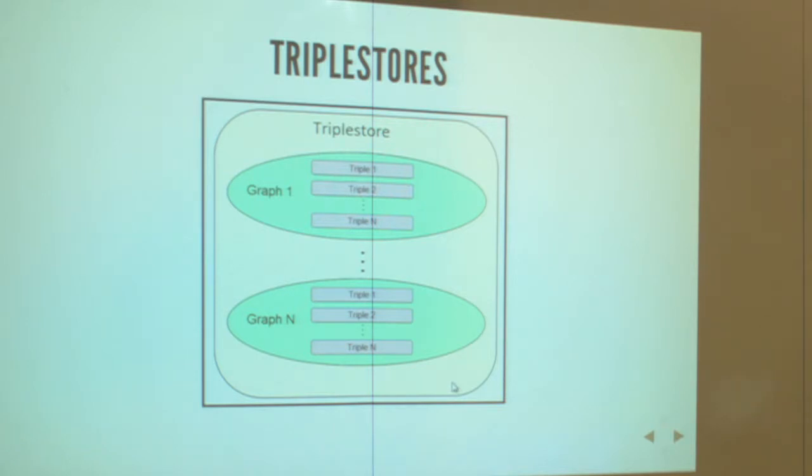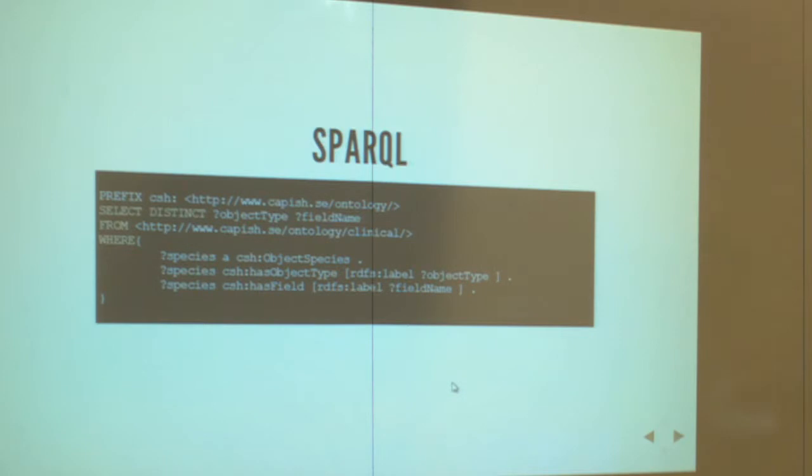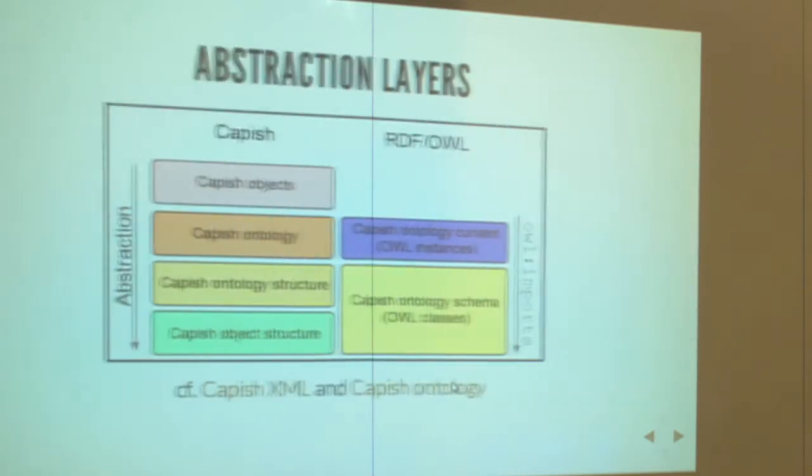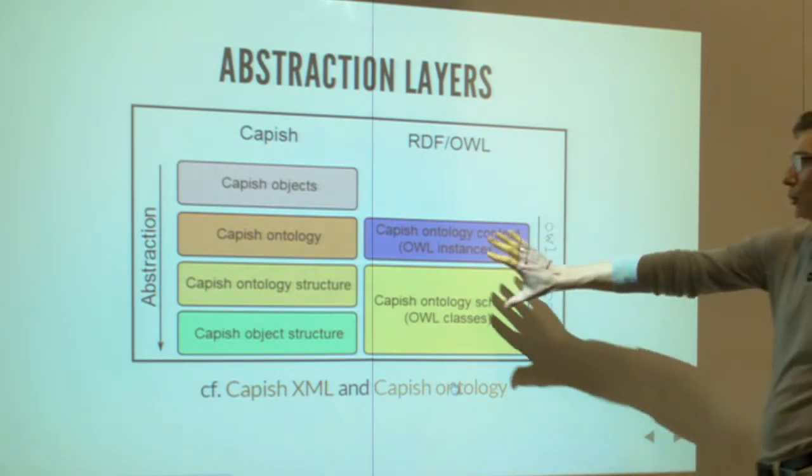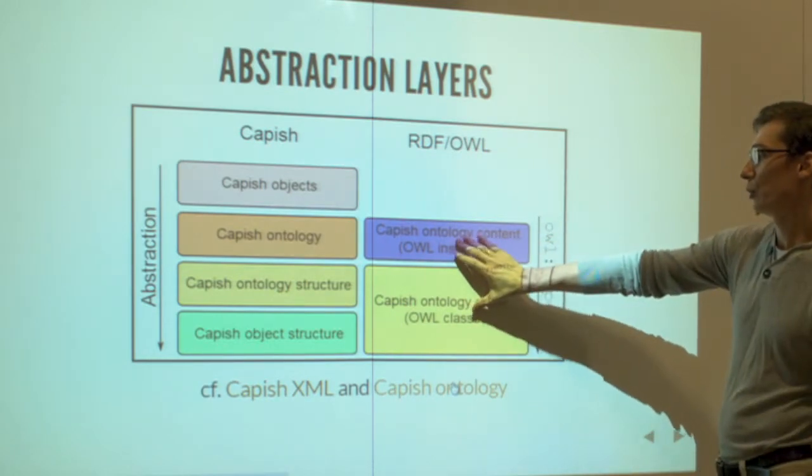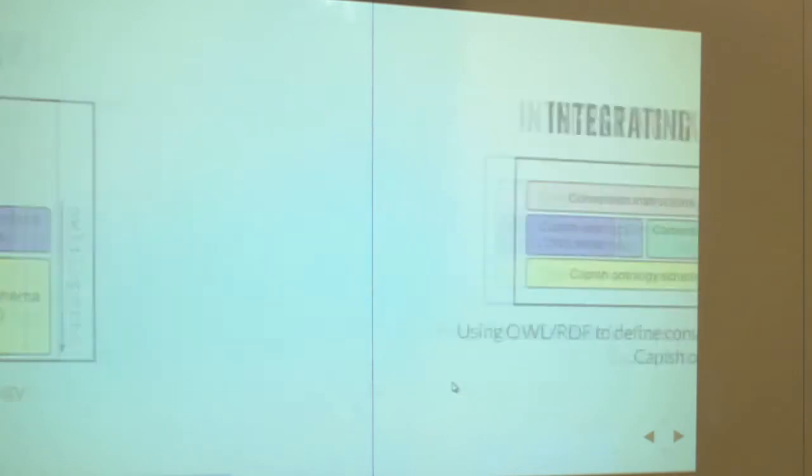Well, how does one do that? As we know, the query language of the triple store is SPARQL, and here is an example of how we would ask a question to just these two, if these two are the only ones we're interested in.